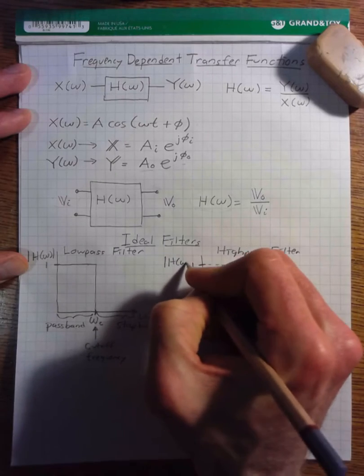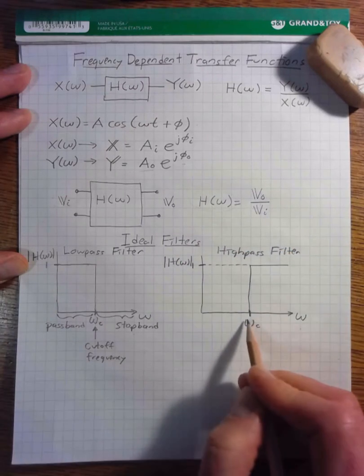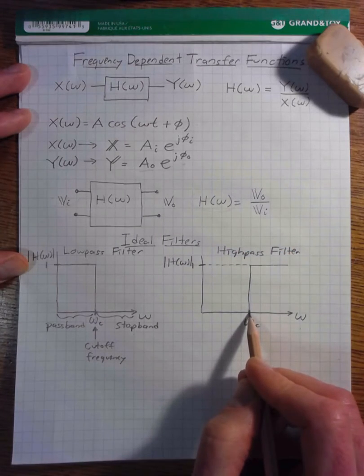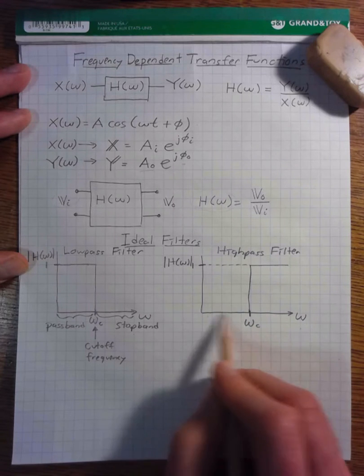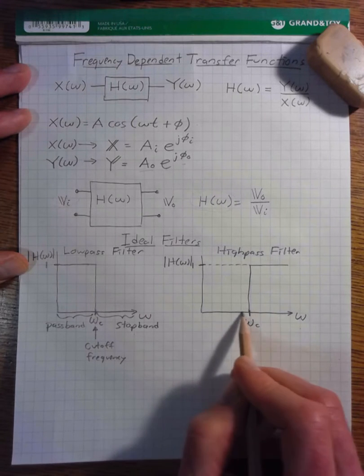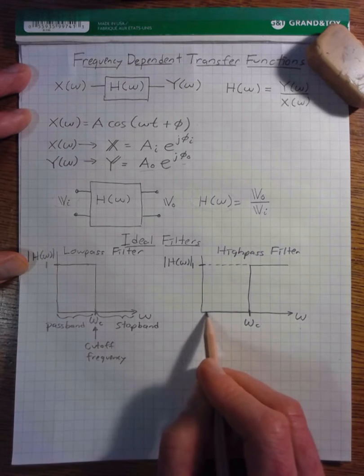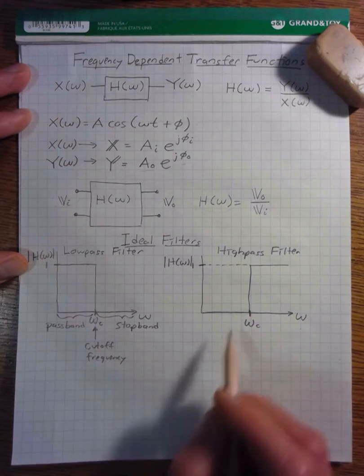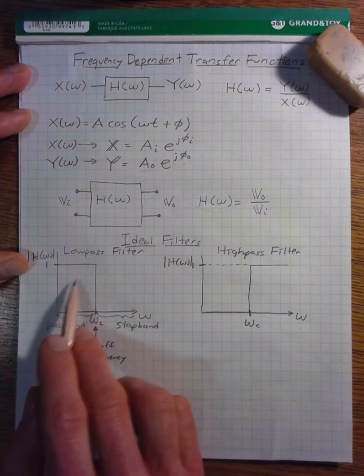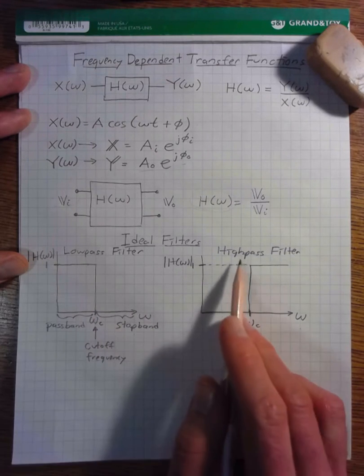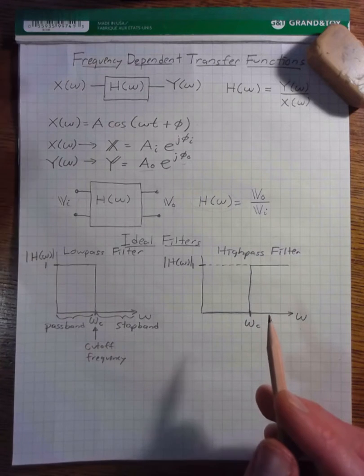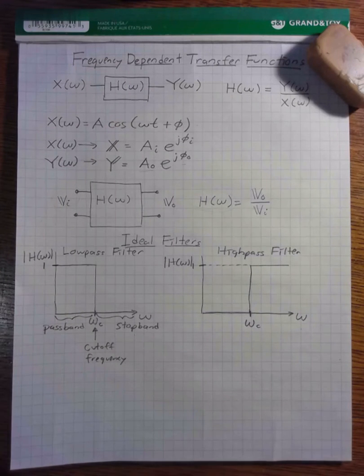Again, this is the magnitude of our transfer function. And any sinusoids that have frequencies between 0 and omega c are completely blocked, right? So the response of our filter here is 0. And this is a low-pass filter because it passes the low frequencies, a high-pass filter because it passes the high frequencies.